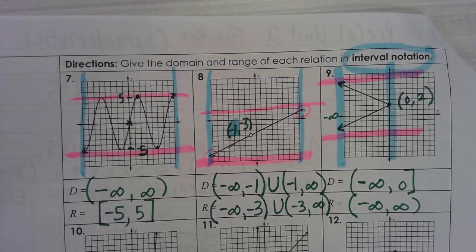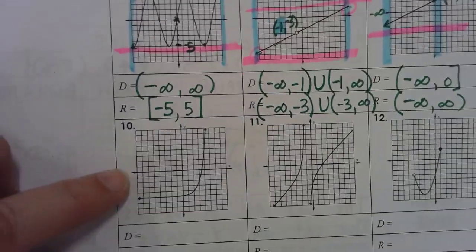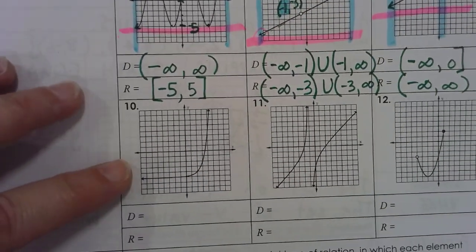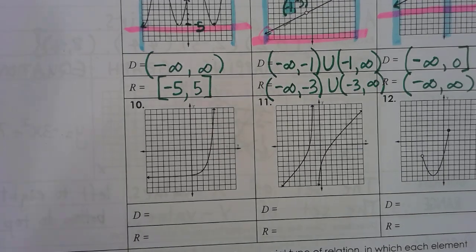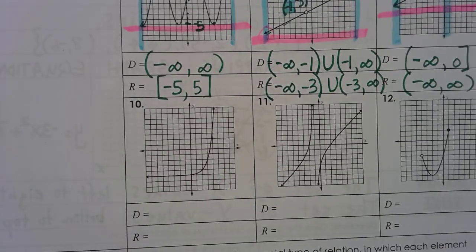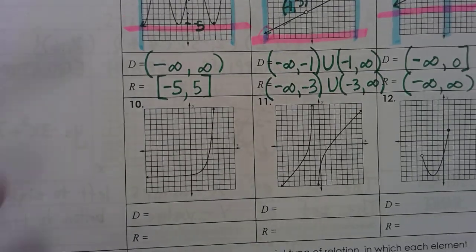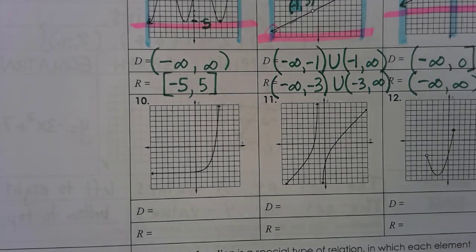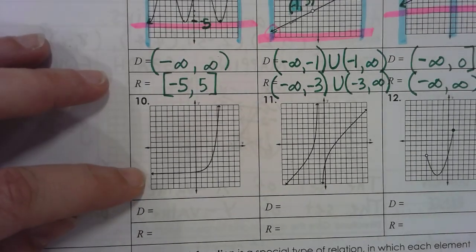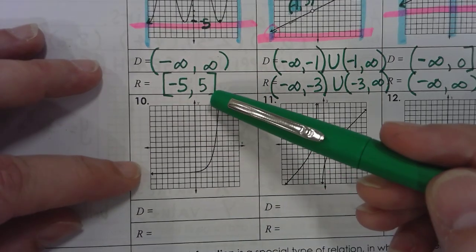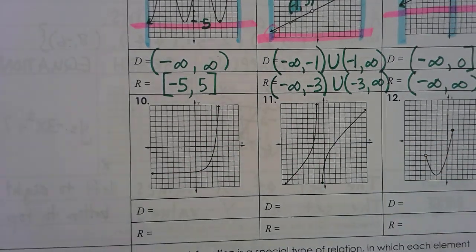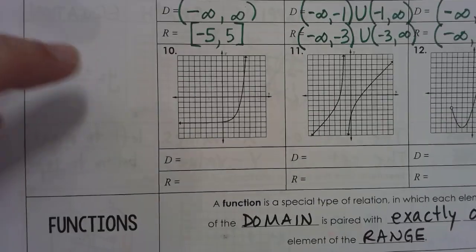Okay, so two last things. Okay, number 10, do y'all remember from last year we talked about exponential functions and logarithmic functions? Exponents and logs. Okay, this is one of those, right? Doesn't really matter at this point which it is. But what we need to understand about this kind of curve is, look at my picture.